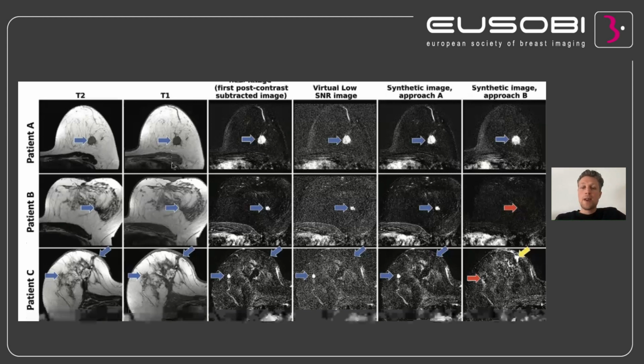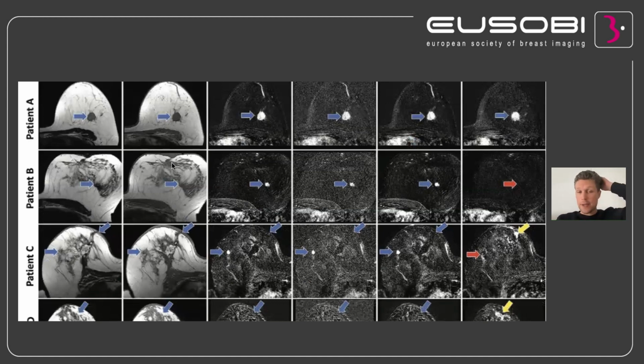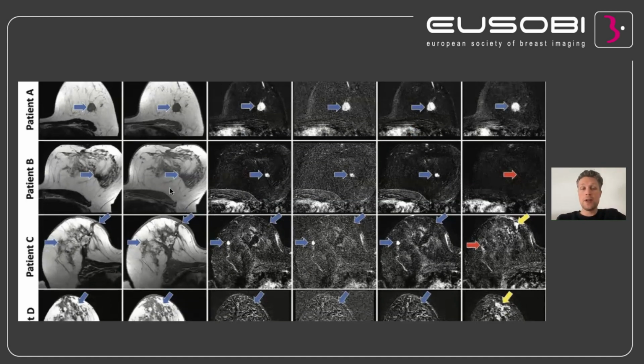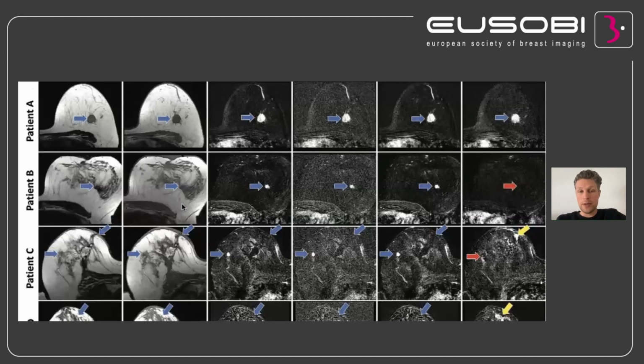But then when you look a bit deeper, then you see that for lesions that you cannot really distinguish on the non-contrast images, when it's not a mass lesion, the generated post-contrast image is actually different from the real post-contrast image. So the generated post-contrast image seen on the right here is missing the lesion. This is, of course, a problem, as you can imagine. So you might miss lesions if they are not visible on the non-contrast enhanced images.